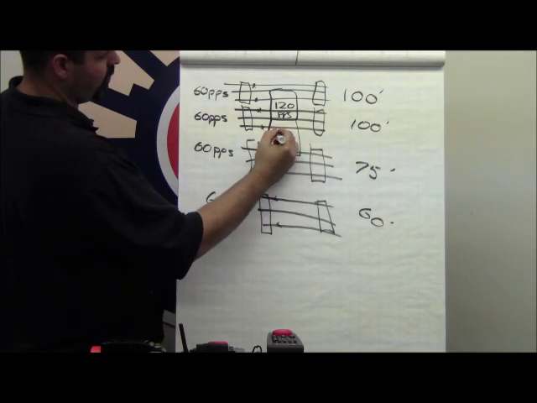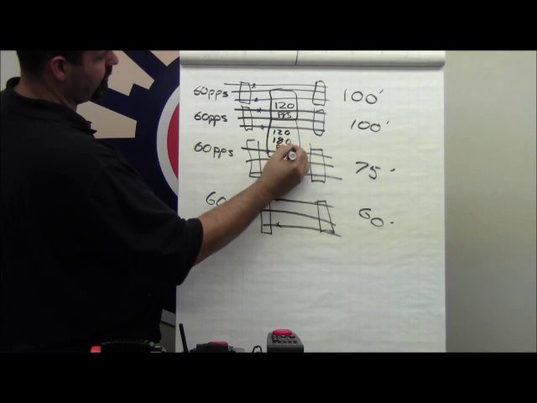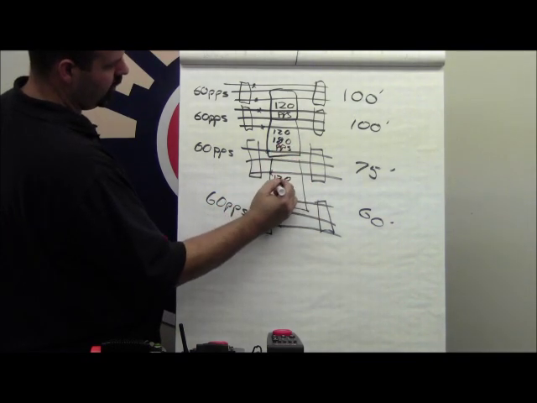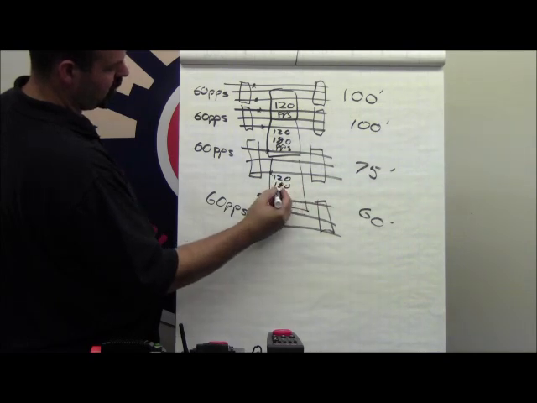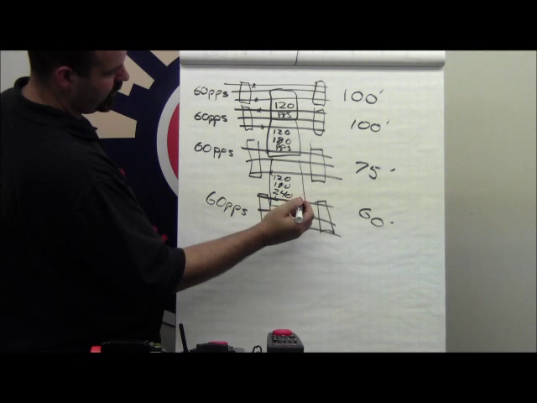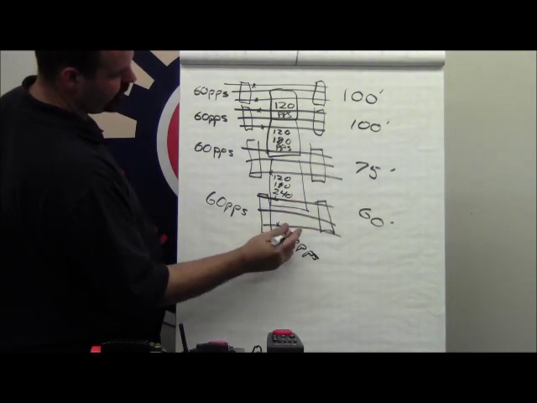Same thing here. Could be 120, could be 180 pulses per second. This area could be 120, 180, could even be 240. And over here we've got roughly 60 pulses per second.